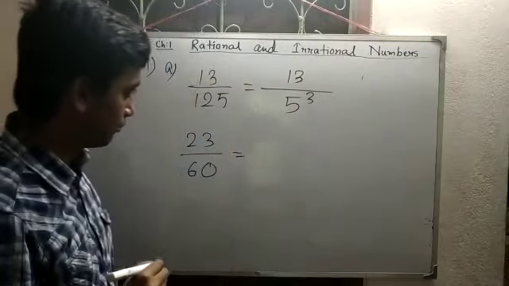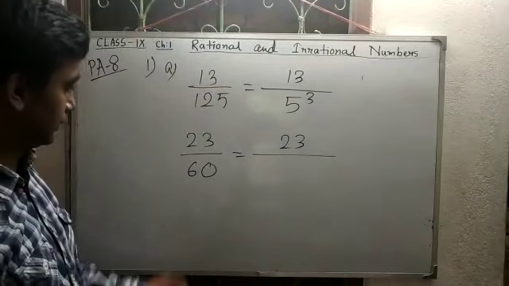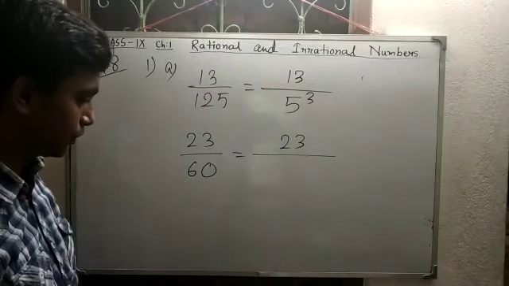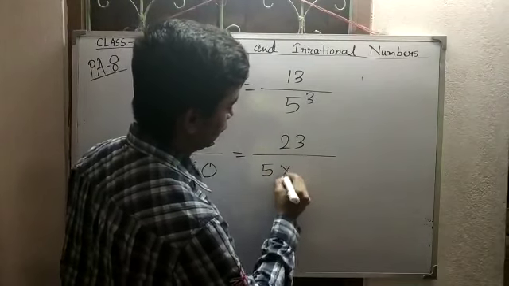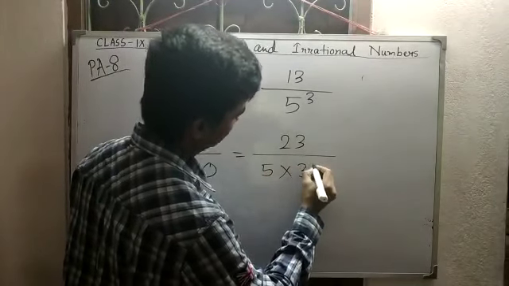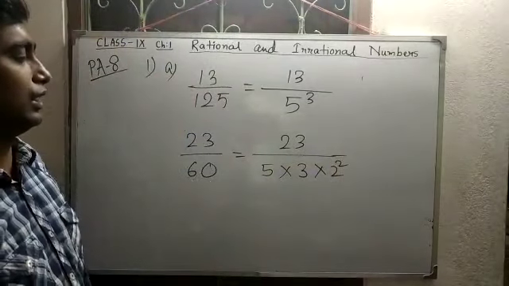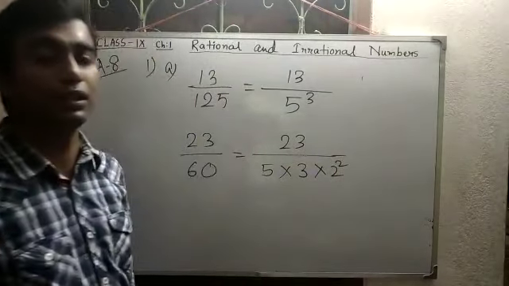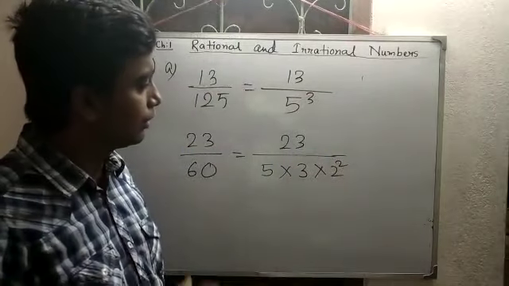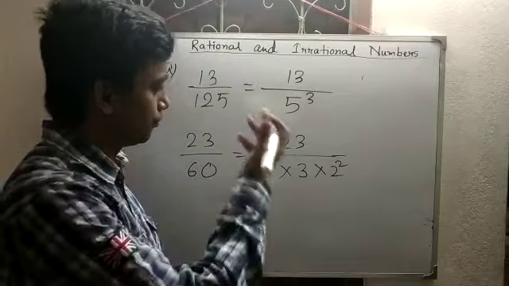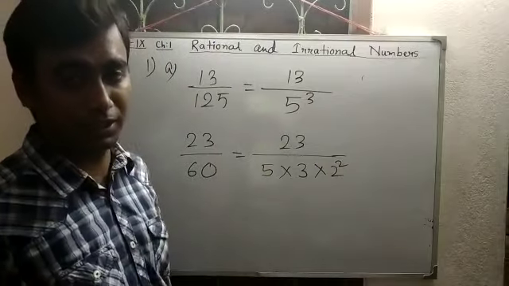And for the next sum, here it is 23 and 60. If we factorize this one, what we will be getting? It will be 5 into 3 into 2 square. So if in the denominator there is 5 or 2, or you can say exponent of 5 and 2, then we can say it is a terminating decimal.